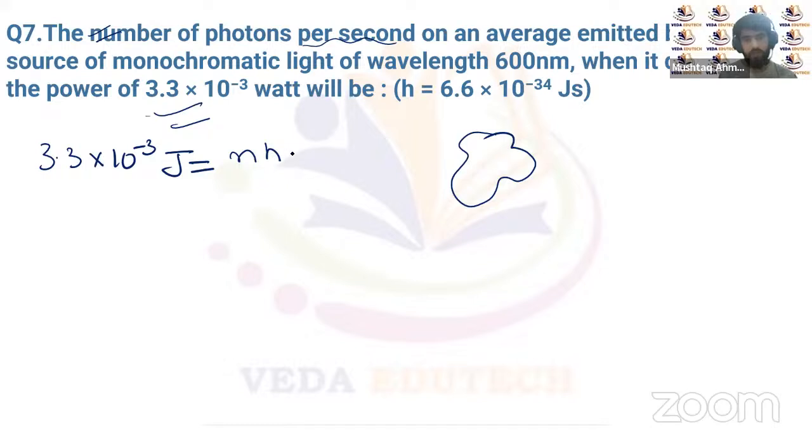So the energy of n photons will be nhc by lambda. These are the number of photons emitted per second. So the total energy is 3.3 into 10 to the power minus 3.